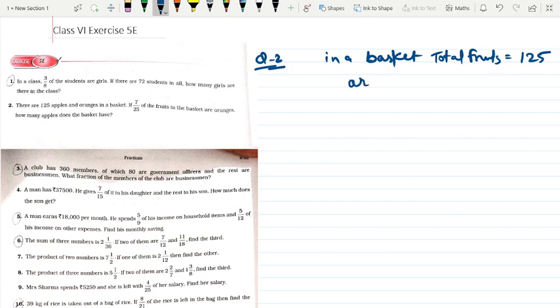And the number of oranges, so not number, a fraction is given for the oranges, 7 upon 25. So we can find out the number of oranges.